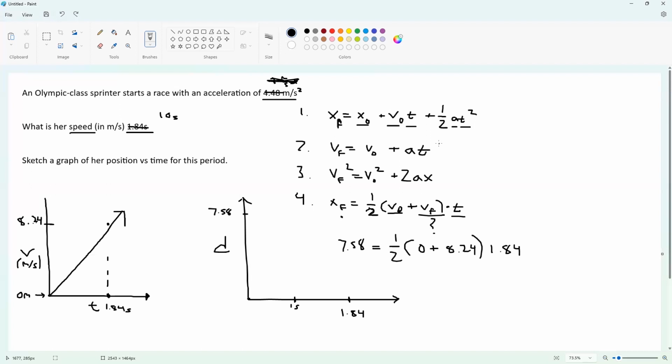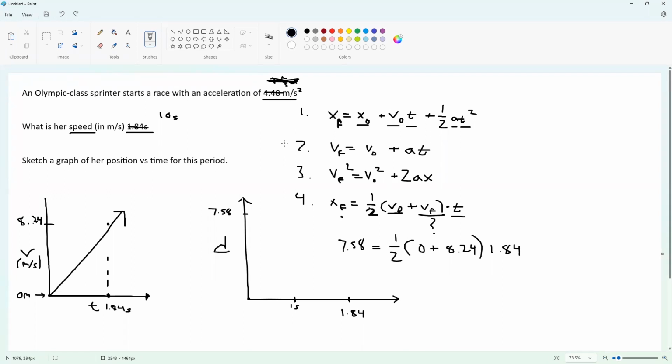Yeah, I still don't understand. Okay, so what do you not understand? We're supposed to find... You said, what if we change the time to 1 second instead of 1.84?